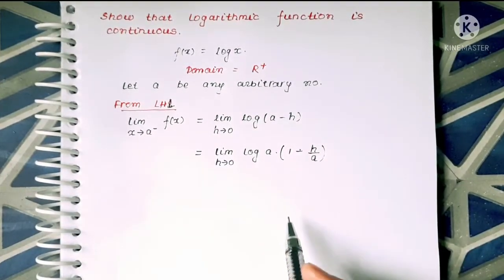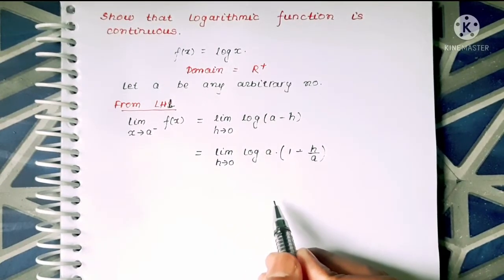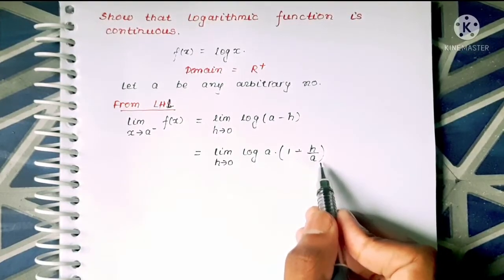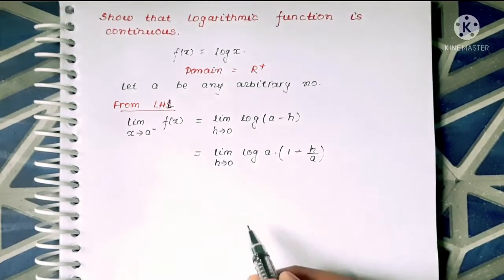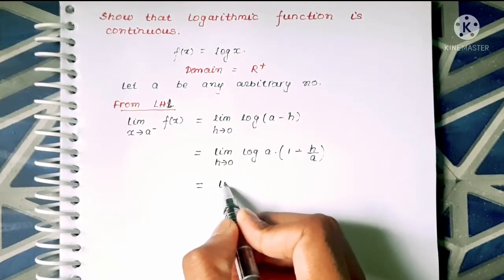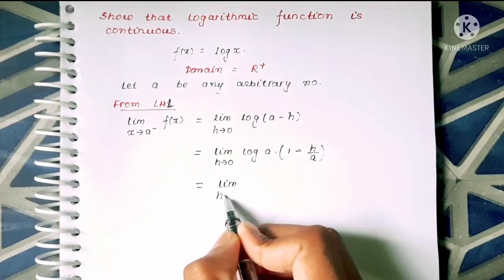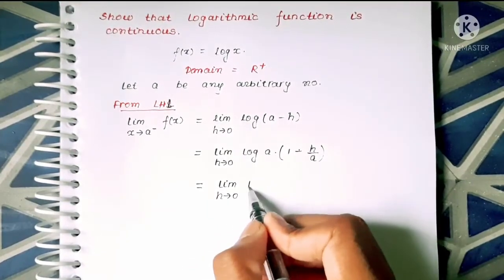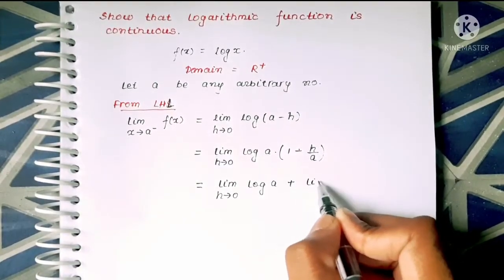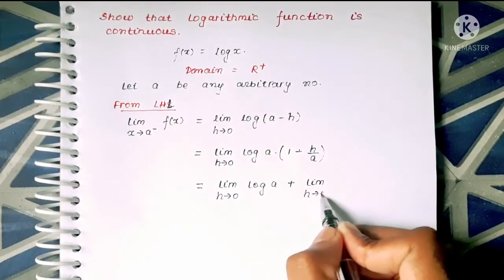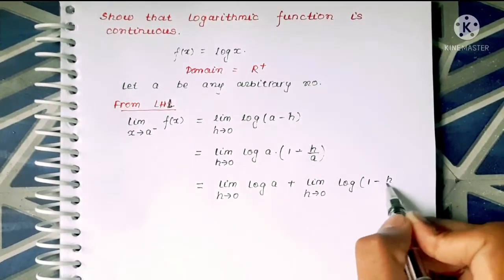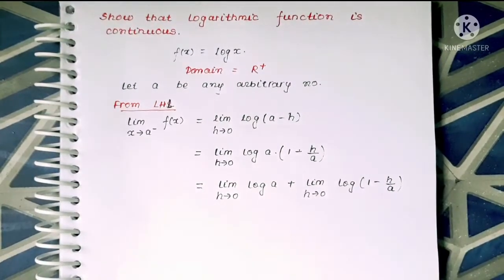Now as we know from the log rule, when two numbers are multiplied, log of a times b can be written as log a plus log b. So here we will write that as limit h tends to 0 log a plus limit h tends to 0 log(1 minus h by a).